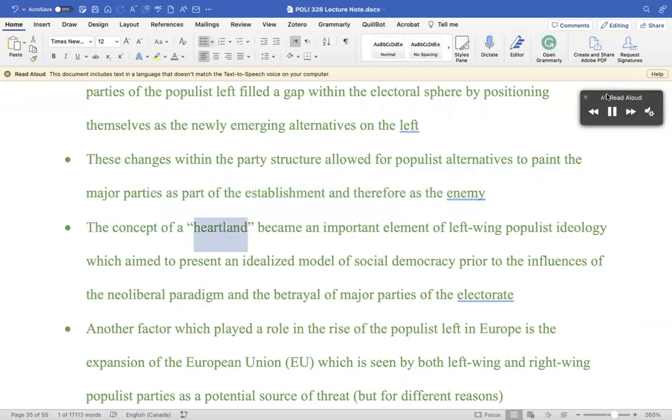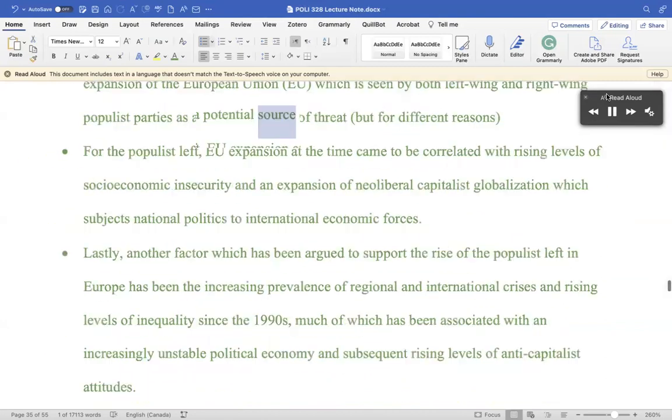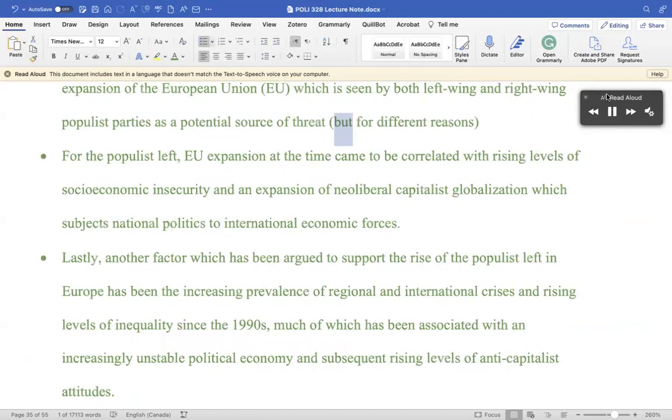The concept of a heartland became an important element of left-wing populist ideology, which aimed to present an idealized model of social democracy prior to the influences of the neoliberal paradigm and the betrayal of the electorate by major parties. Another factor which played a role in the rise of the populist left in Europe is the expansion of the European Union (EU), which is seen by both left-wing and right-wing populist parties as a potential source of threat, but for different reasons.